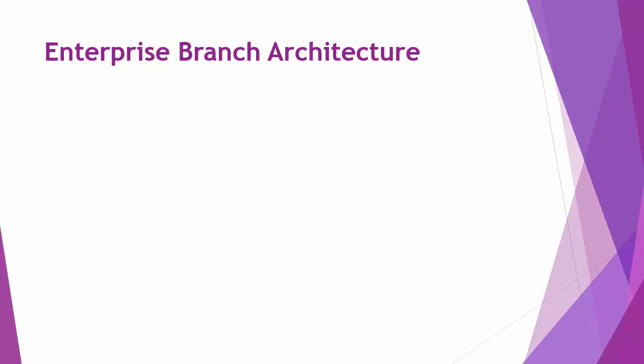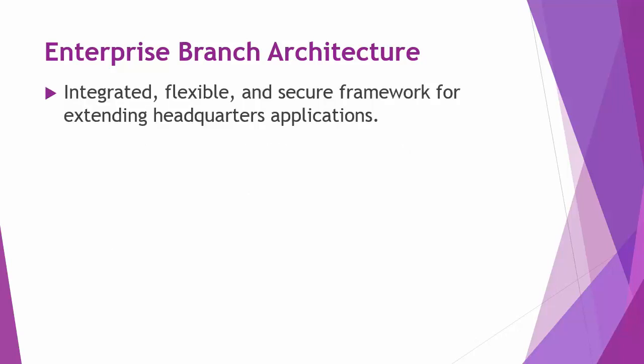The Cisco Enterprise Branch Architecture is an integrated, flexible, and secure framework for extending headquarter applications in real time to remote sites. It uses the Cisco network architecture for the enterprise framework, but applies it to the smaller scale of a branch location.